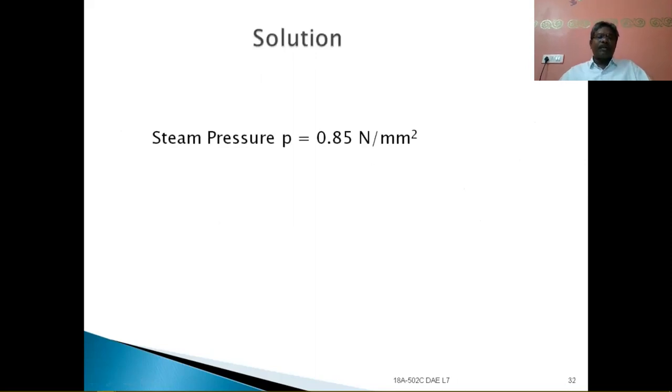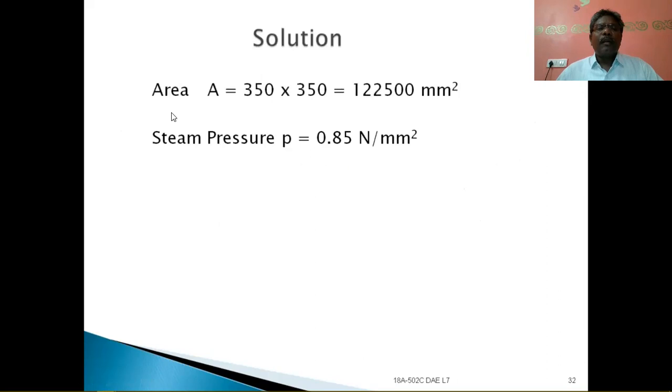So steam pressure is equal to 0.85 Newton per millimeter square, and area A is equal to x into x, 350 into 350, that is 122,500 millimeter square, supported by each boiler stay. Right?